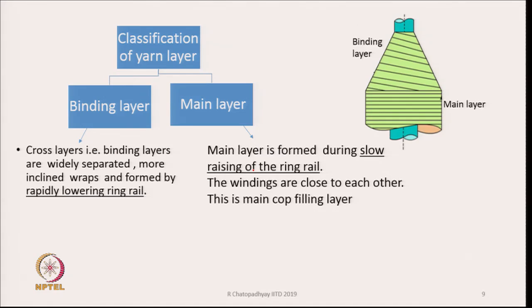But it is not going from base to the top of the bobbin as we do in the case of building a roving bobbin. There the entire bobbin rail moves up and down and the roving is laid from bottom to top, but in this case this is not done.